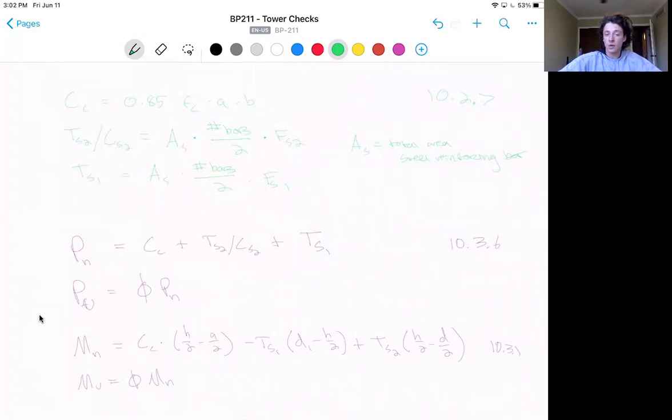Note that the sign will switch for TS2 if it is in compression. I won't go through this equation explicitly, but you can refer to the diagram above in the lecture notes to figure out how these actual geometric calculations are being made with the h/2 and a/2.